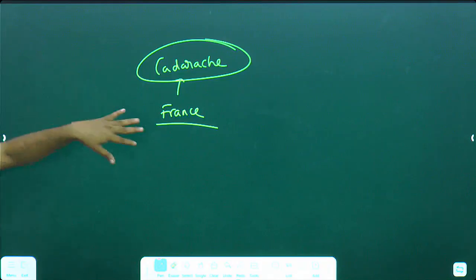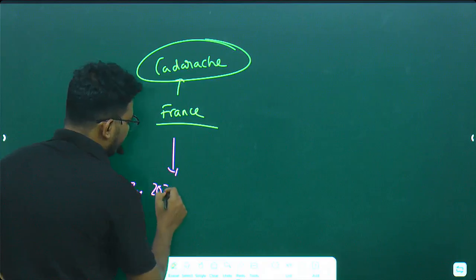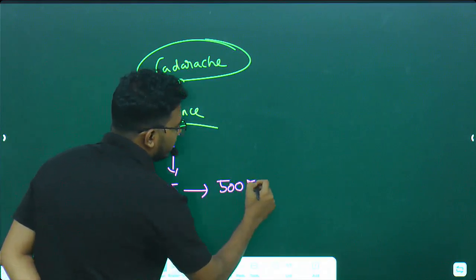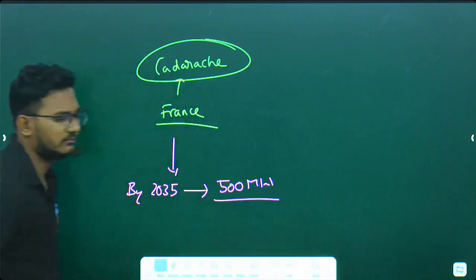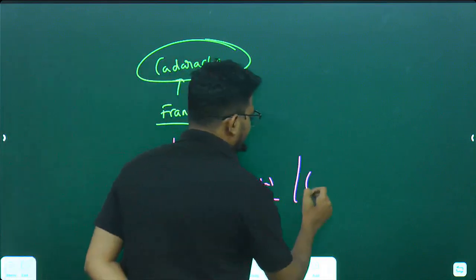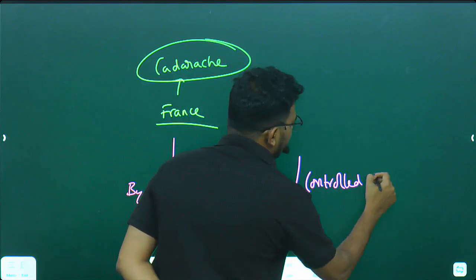So by 2035, their plan is to produce 500 megawatts of energy in a controlled manner.